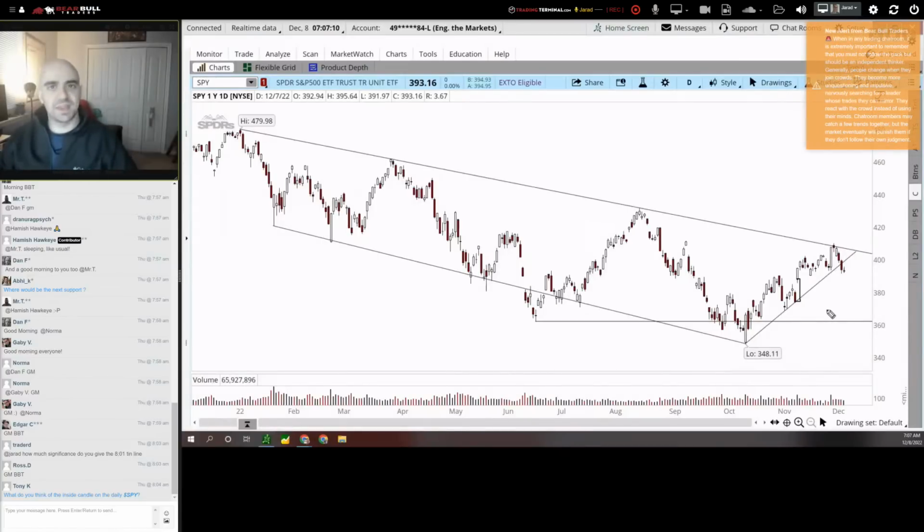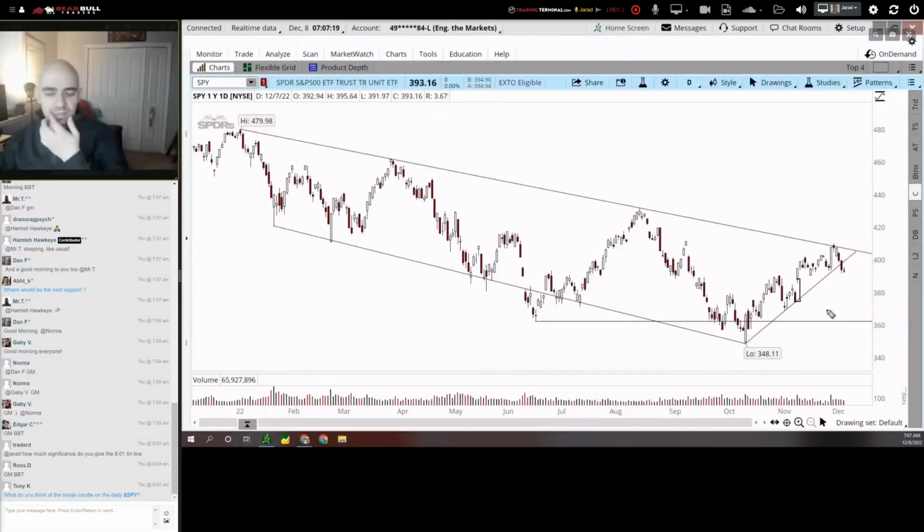So those types of gaps are structurally opportunistic when the market comes back into them. Oftentimes they will fill.